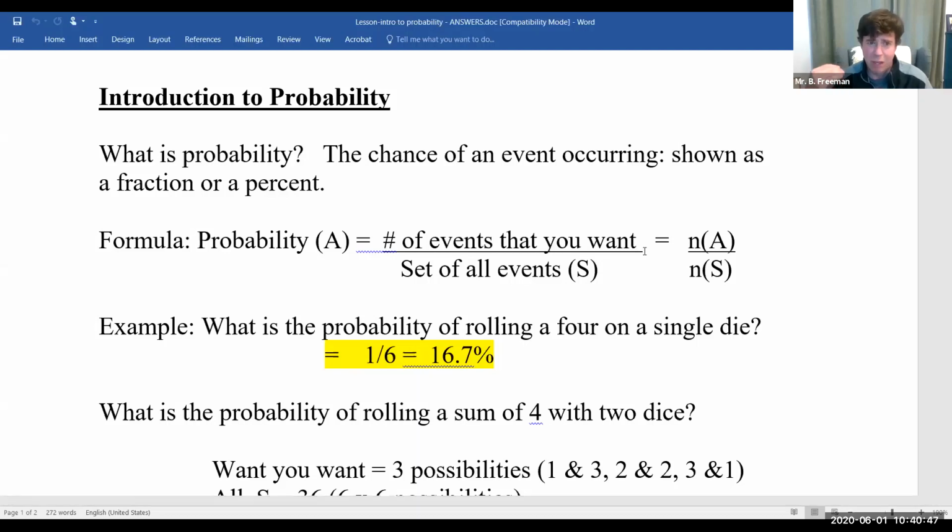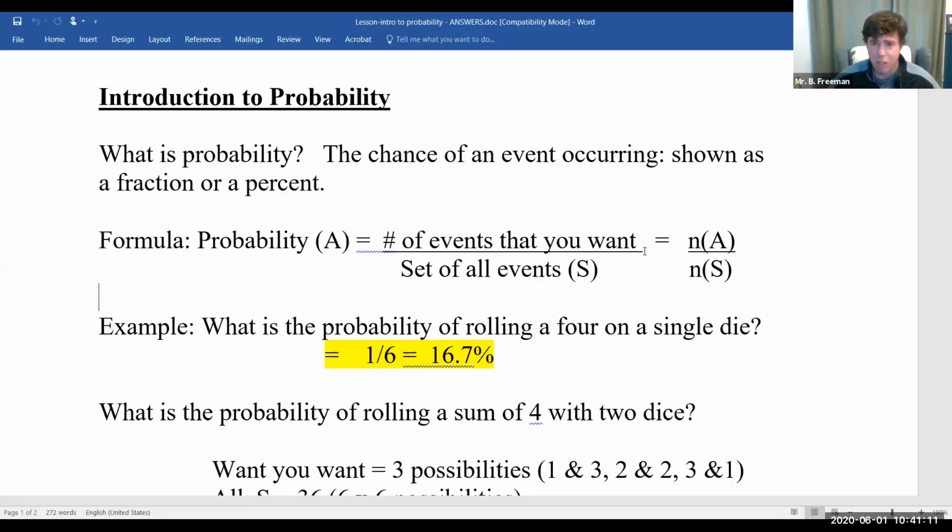So in terms of a Venn diagram, and we'll use those a lot in probability too, you're looking at the circle of the Venn diagram that you want, and then dividing that by the sample size, so the entire Venn diagram. So if you're dealing with percents, it's easy. The sample size will be over 100, and that's why we use percents so much with probability.